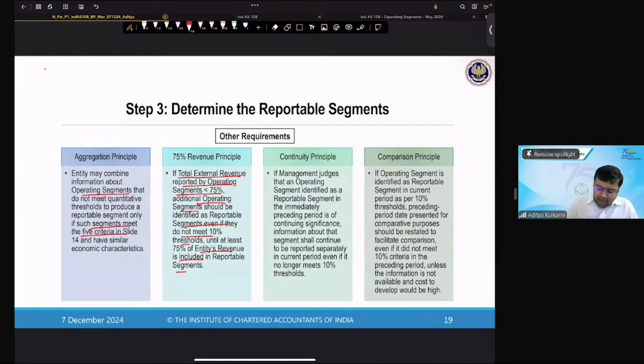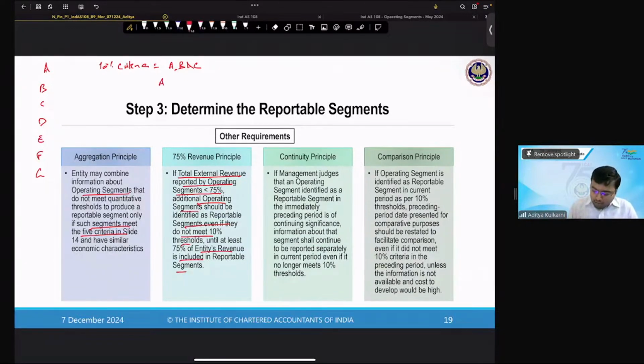Suppose I have seven segments: A, B, C, D, E, F, G. Out of these seven, the segments meeting the 10% criteria, 10% profitability, 10% of total external revenue, 10% of segment assets, are A, B, and C. So A, B, and C definitely become reportable.